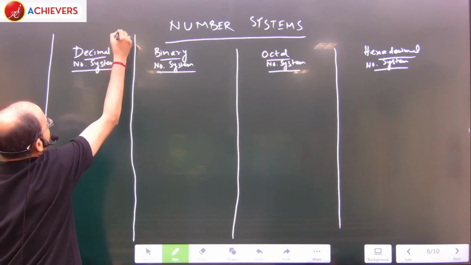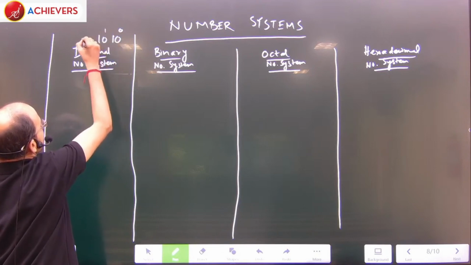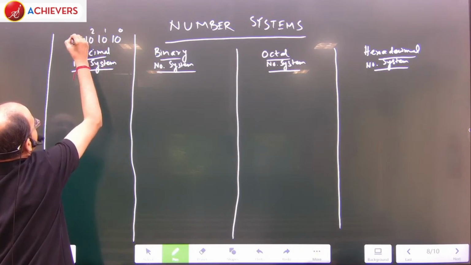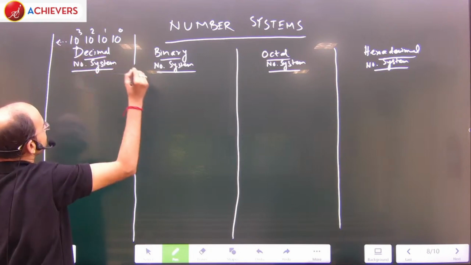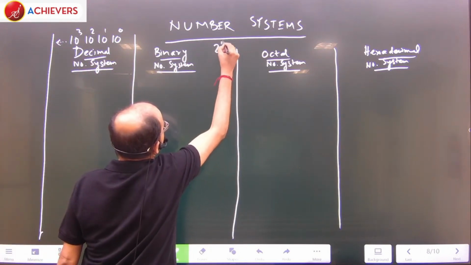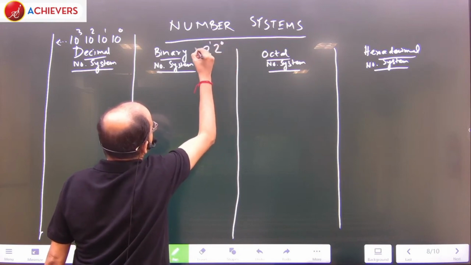In the decimal number system, we represent the different digits with the power of 10. Similarly, in the binary number system, we represent based on the digit 2.